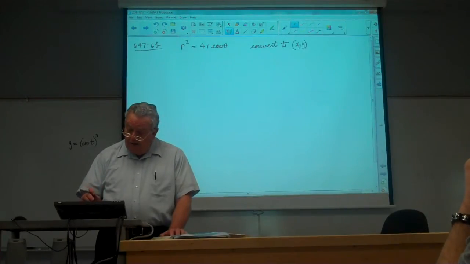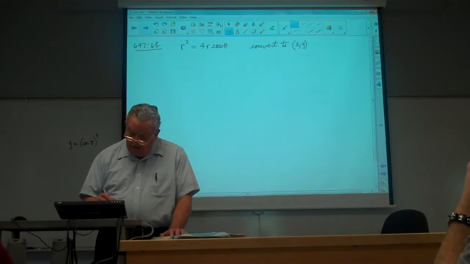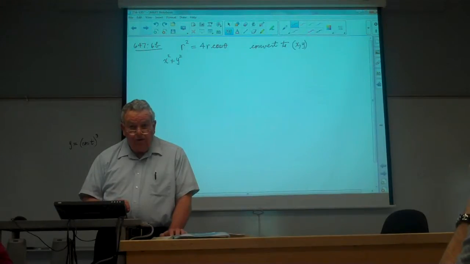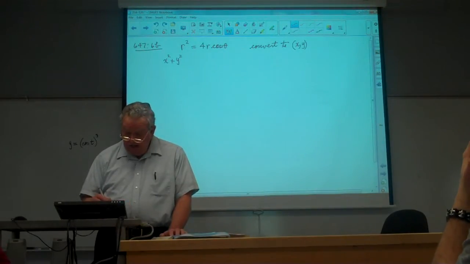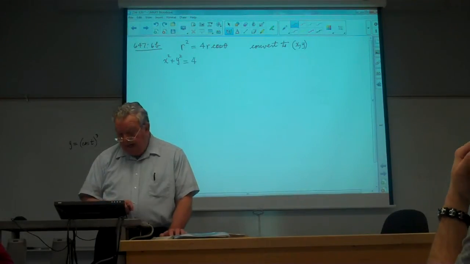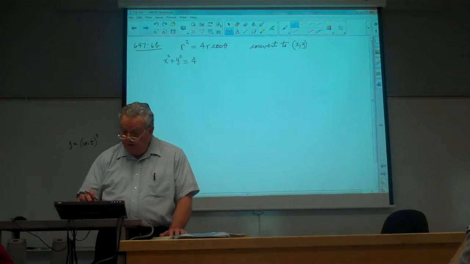So in order to convert, I know that r squared is equal to x squared plus y squared. Didn't we agree on that a minute ago? That is equal to 4 times r cosine theta. What's r cosine theta equal to?